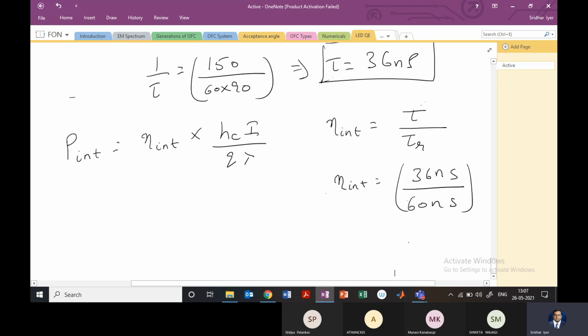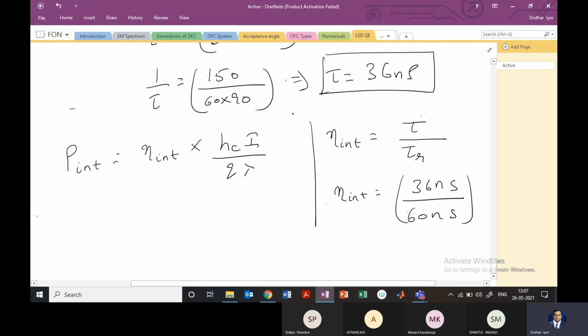So now we can plug in that value. So this was just on the side which we have done. So now we can put in that value. So internal power will be 36 nanoseconds divided by 60 nanoseconds. The units will cancel into h, which is 6.6 into 10 raised to negative 34 into 3 into 10 raised to 8 into I, which is 40 milliamperes.